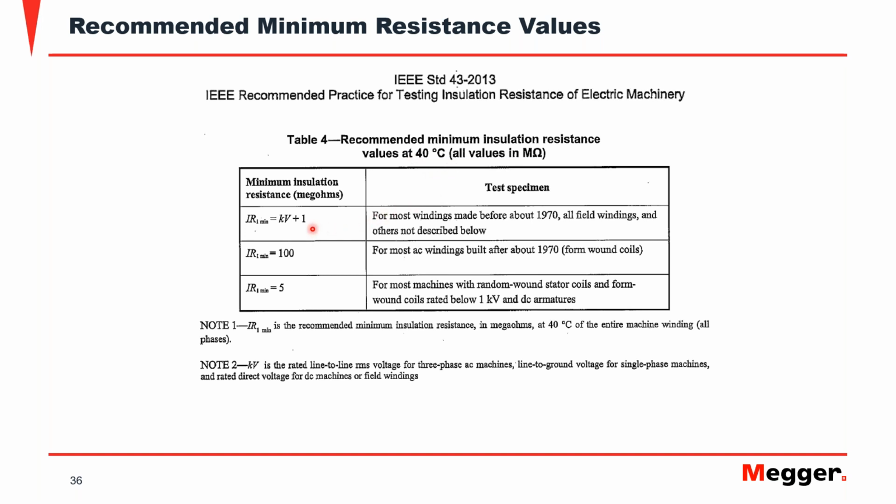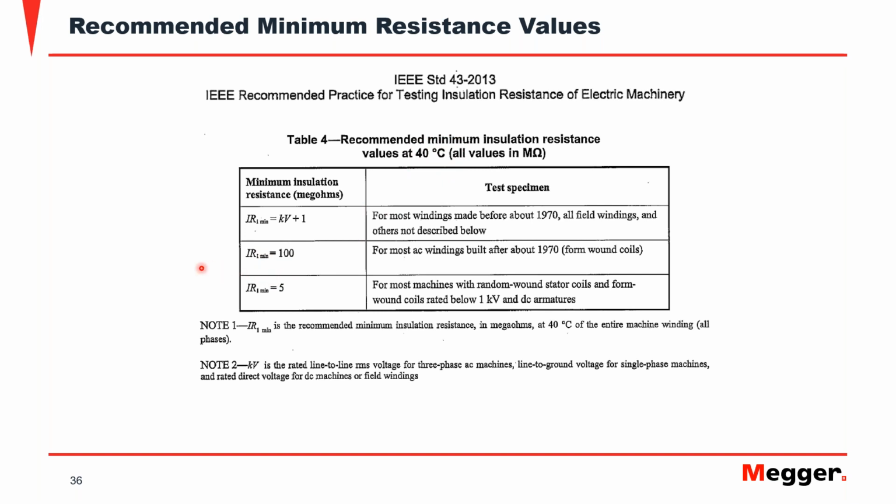The takeaway here is that for most older windings, before 1970, the minimum in megohms is your kilovolts plus 1. That's a very old rule. A lot of people still use it out there. For most AC windings built after 1970, at least 100 megohms. Now, one thing: 100 megohms at 40 degrees is 400 megohms at 20.